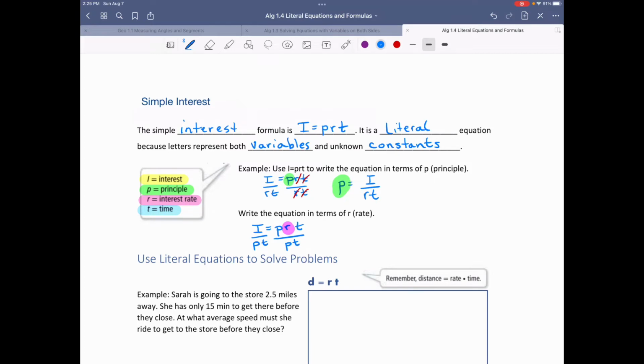And then that leaves us with just R equals. Notice how the R was on the right side, I'm moving it to the left side. So I'm just changing the order. The P's cancel, we're left with just the R. Oops.